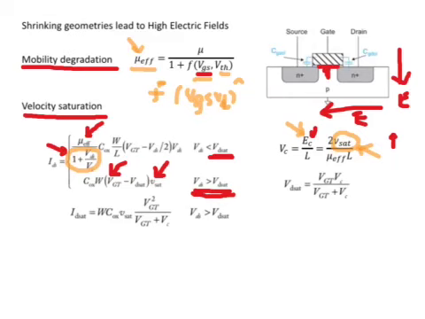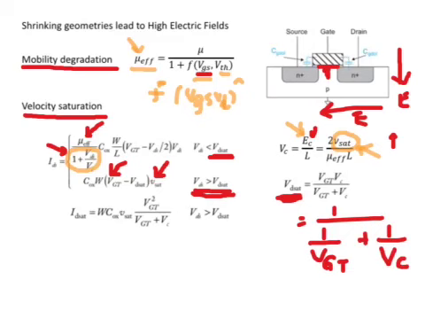The saturation voltage, the voltage across VDS that leads to saturation, is given by the parallel combination of VGT plus the critical voltage. And VGT is none other than VGS minus VTH.